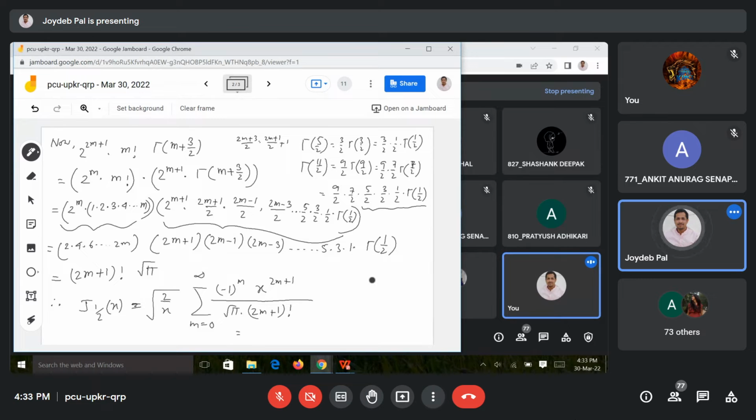Therefore, I can write simply that root pi, you can take this outside the summation, and it will be root 2 by pi x, and the rest of the series is sin x. Okay.